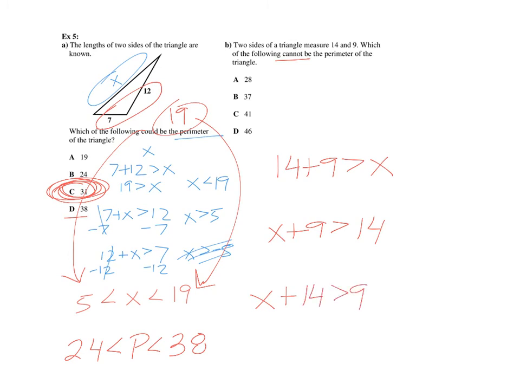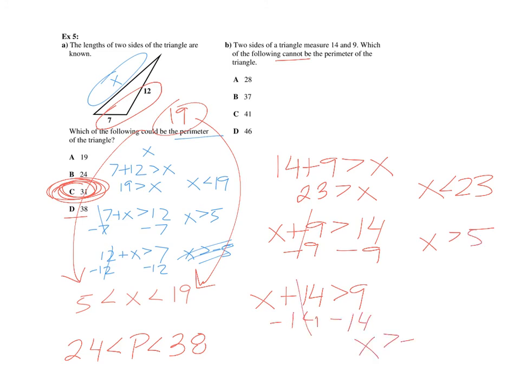All right, so I'm going to have 23 is greater than x, or x is less than 23. Here I'm going to subtract 9, and I have x is greater than 5. And here I subtract 14, and I have x is greater than negative 5. Don't want to deal with the negative scenario, so x is going to be between 5 and 23.